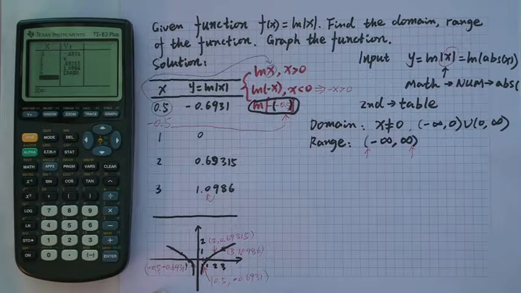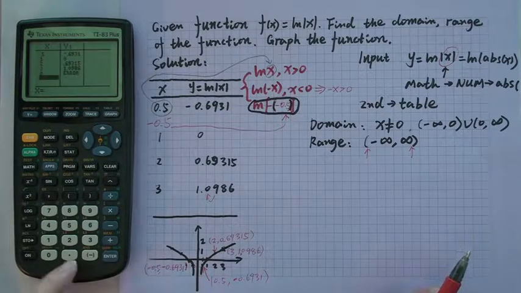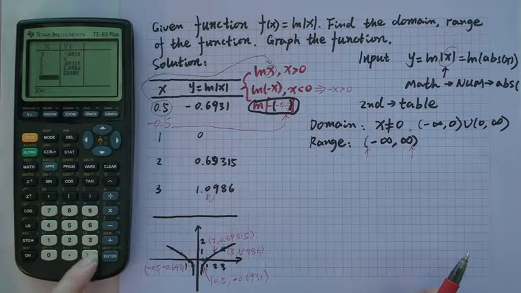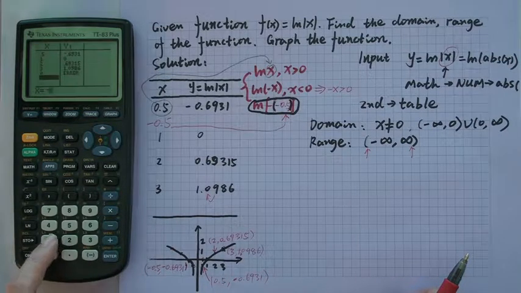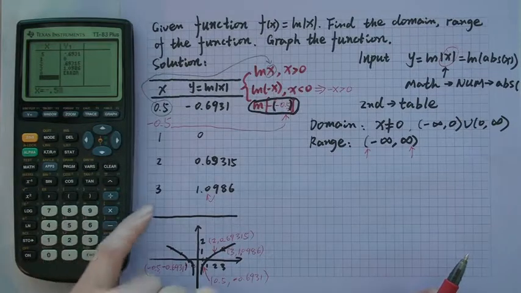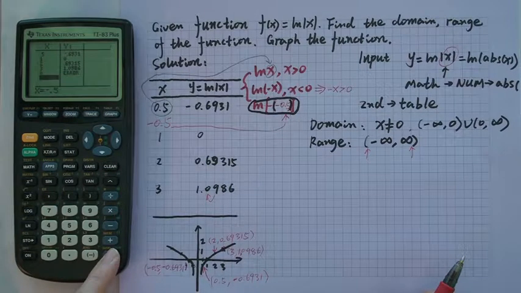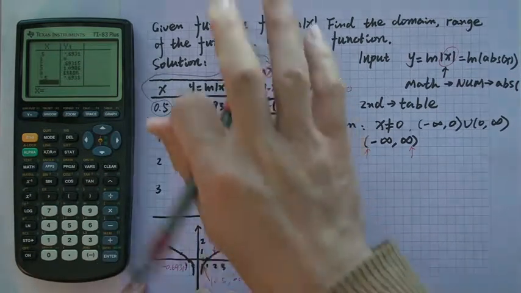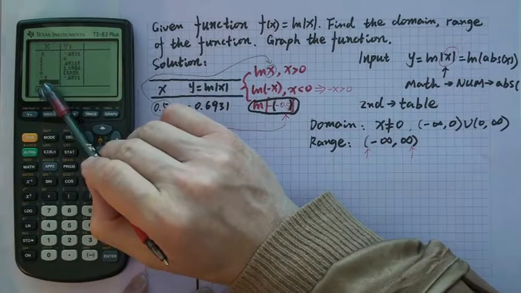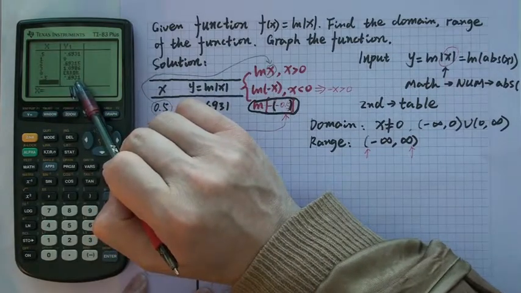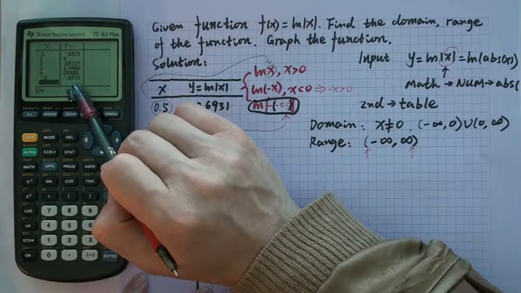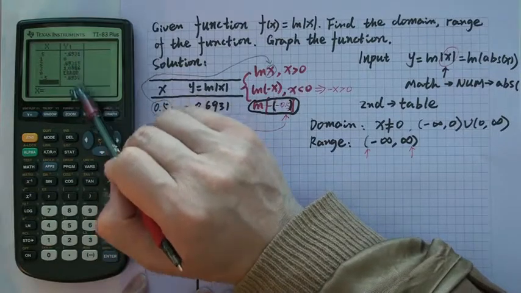And then you actually can plug in negative numbers. You may use negative 1, or you may put negative 0.5 as I did here. Negative 0.5, you hit enter. You have the same answer, you see, y is negative 0.6931.